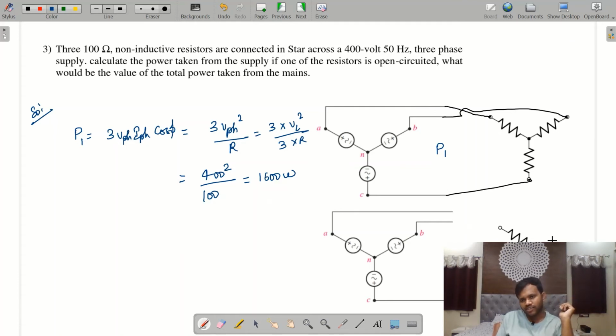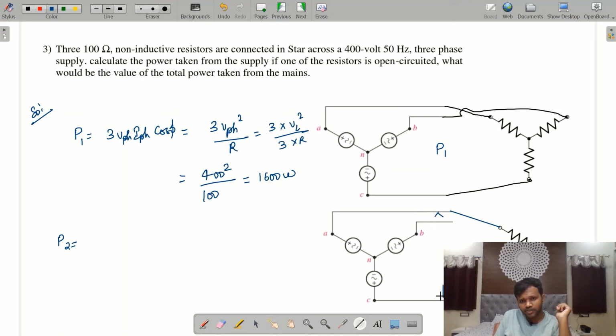Now if one of the resistors is open circuited, what is the power delivered to the load? We need to find the value of P2. See here clearly. Now what happened? This is connected to this phase, this is connected to here. If this resistor is open circuited, then only these two resistors will be connected in series, and what is the voltage across them? Can someone tell me?